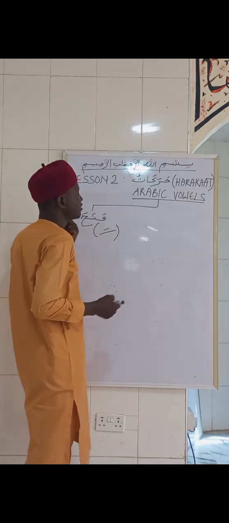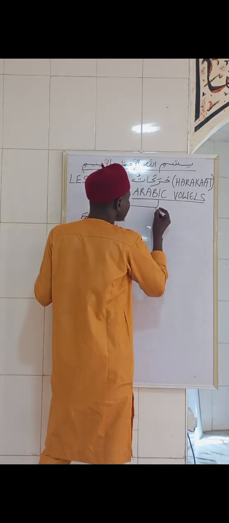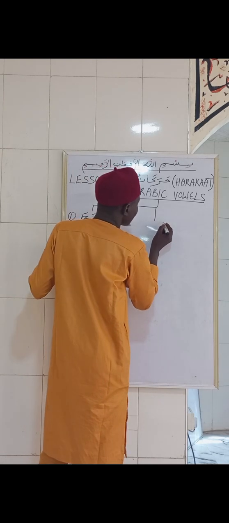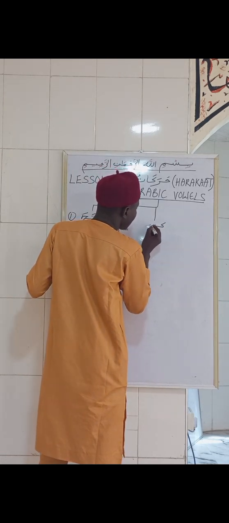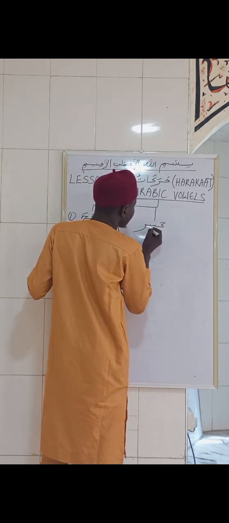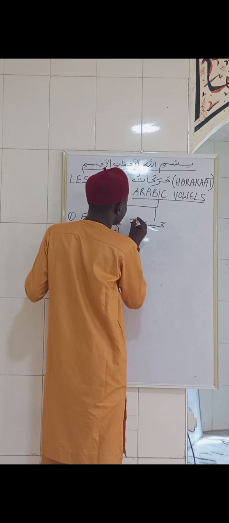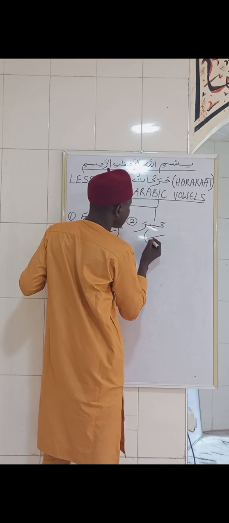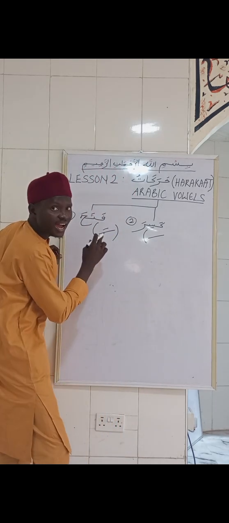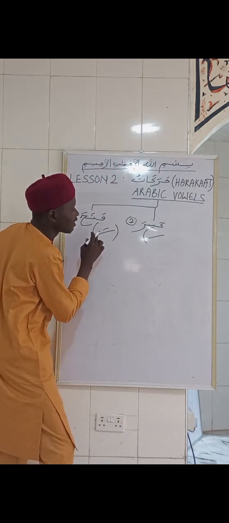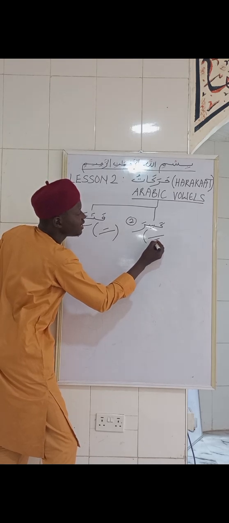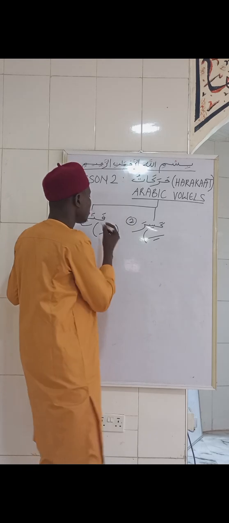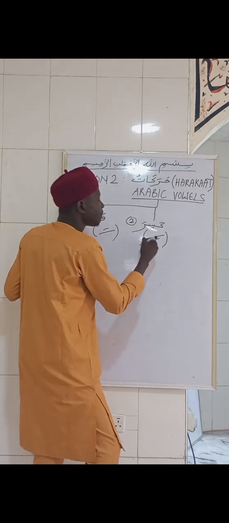The second is Kasra. It is denoted with the same sign as Fataha, but Kasra is always beneath the Arabic alphabet, while Fataha is above.